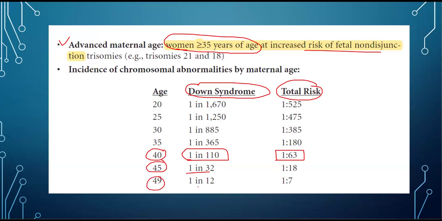At 45, it is 1 in 32, and at 49, 1 in 12. And if you see, for a 25-year-old, the risk is pretty low. Sometimes they ask you what is the risk of having a Down syndrome baby for a 35-year-old patient. So you need to memorize at least these three: 35, 40, and 45.